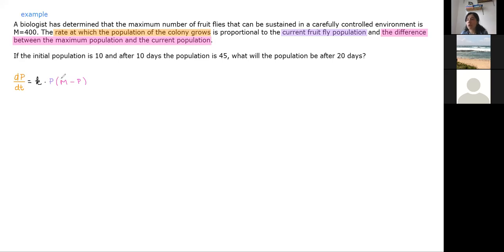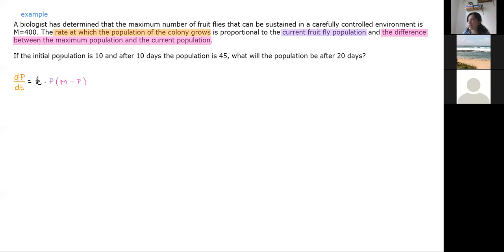Now, if you wrote this as p times p minus m and not m minus p, it doesn't matter, okay? The order is not going to matter because all that's going to change is whether the value of k that you find here is positive or negative. But the result is going to be equivalent, and so both of the writings here are perfectly fine.